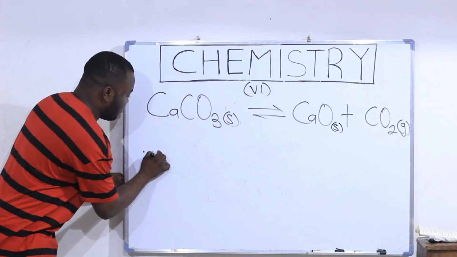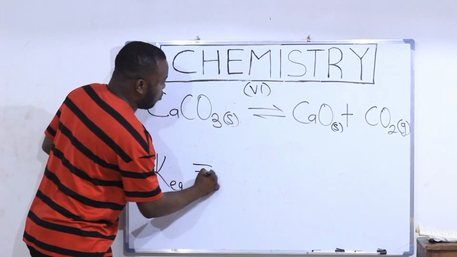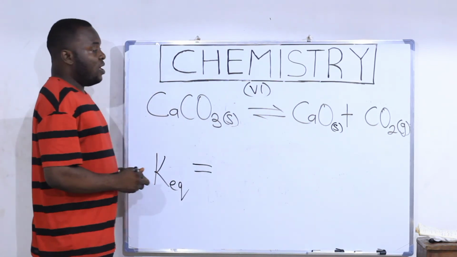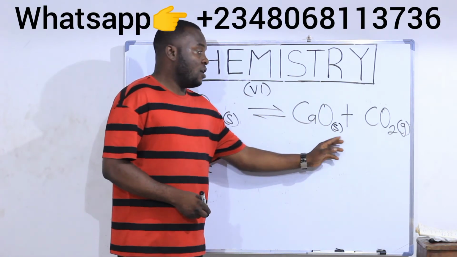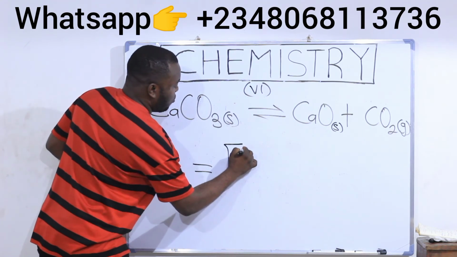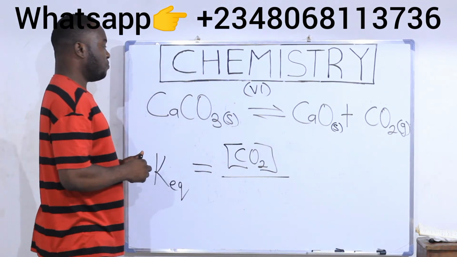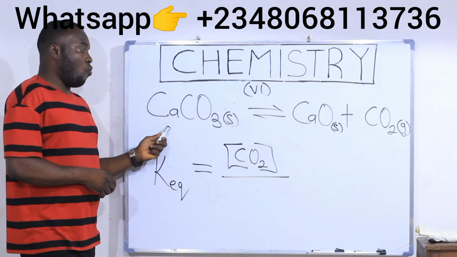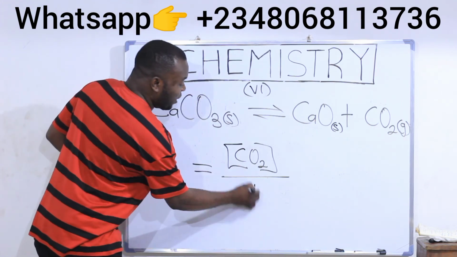So let's give the answer. Equilibrium constant for this reaction is equal to concentration of the product. Here, this is a solid substance, while this is gaseous. So we are going to consider only the gas, which is CO2, divided by, on the reactant side, we will have a solid state substance as well, which is 1.